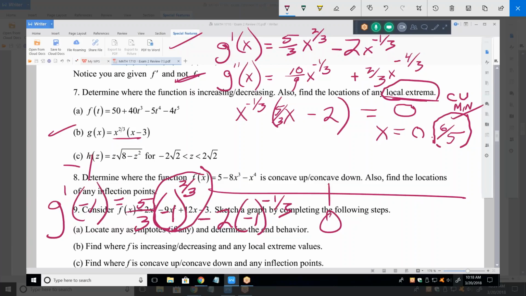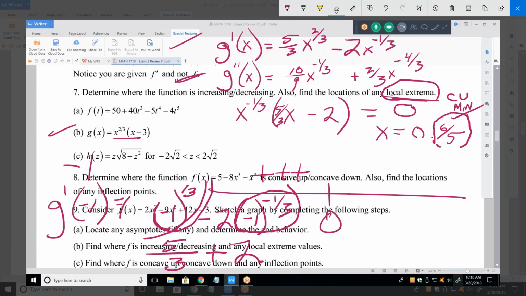So we're going to say the cube root of negative 1 is negative 1, and then negative 1 squared is positive 1. So this whole thing is positive 5/3. Now, that is definitely negative 1. Times 2 makes it negative 2, but there are 2 negative signs, so it's plus 2. Aha! Positive on the left side.